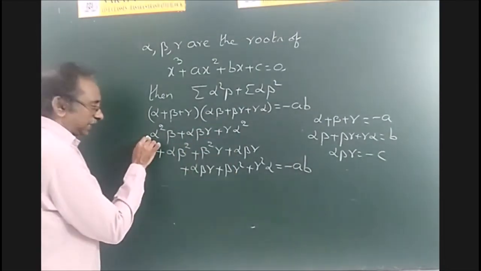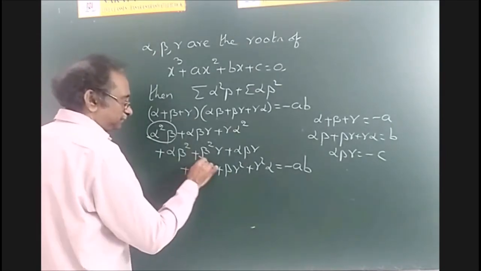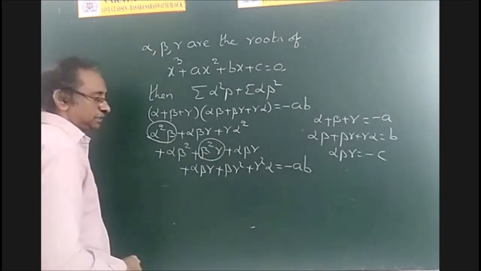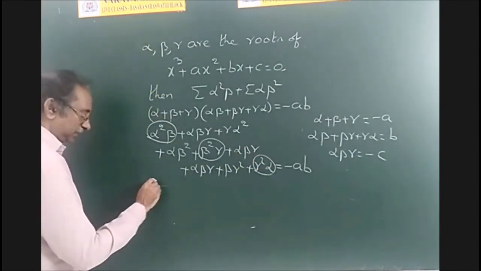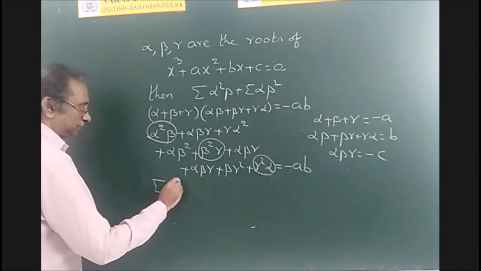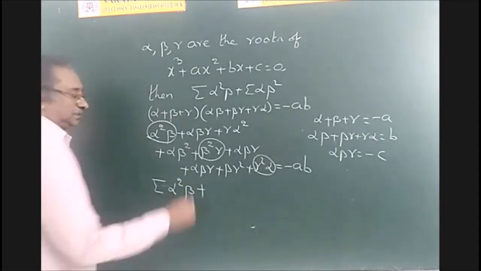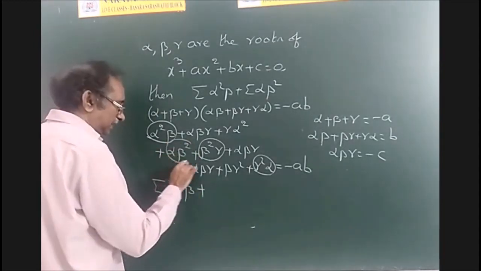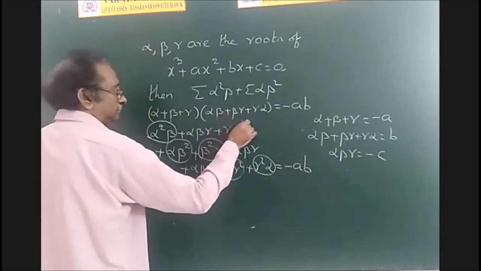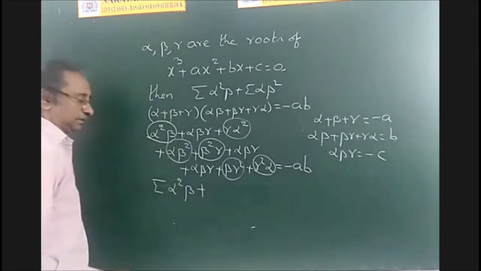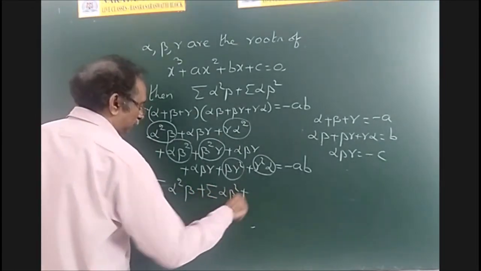See, in these 9 terms, alpha square beta plus beta square gamma plus gamma square alpha, the sum of these 3 becomes sigma alpha square beta. Next, alpha beta square plus beta gamma square plus gamma alpha square becomes sigma alpha beta square.